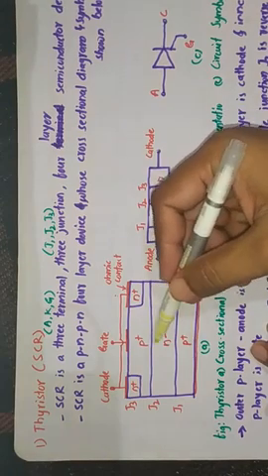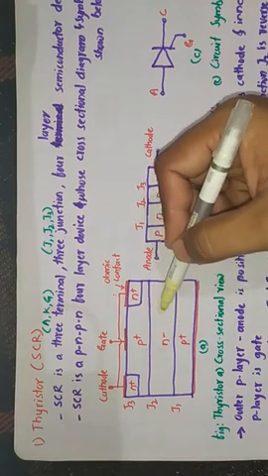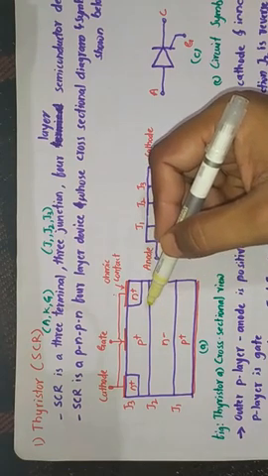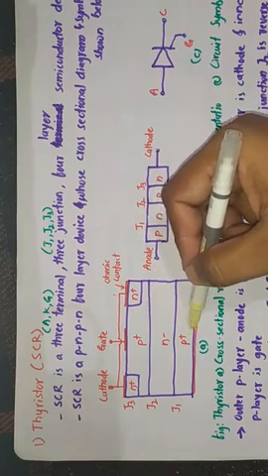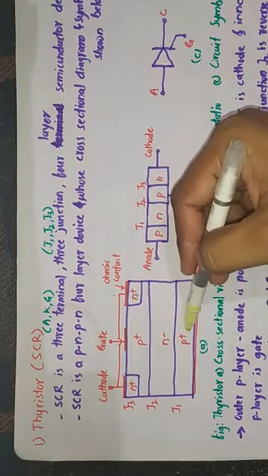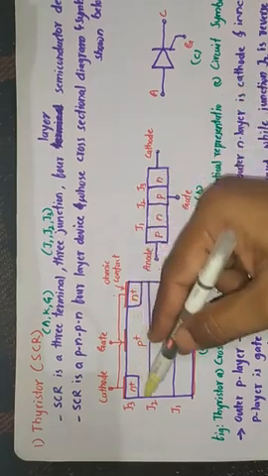If a reverse voltage is applied, there is an anode and a cathode here. These are the p plus and n plus regions, the outer p layer and outer n layer.